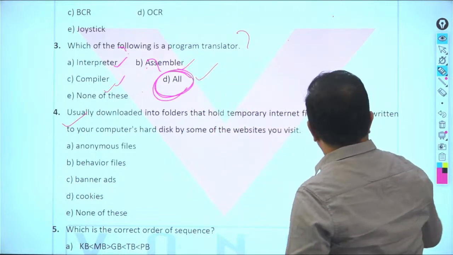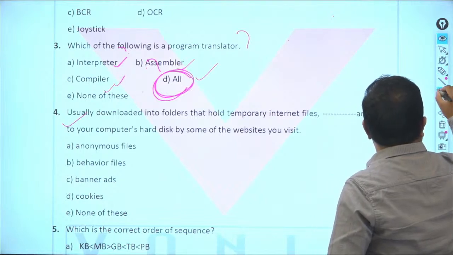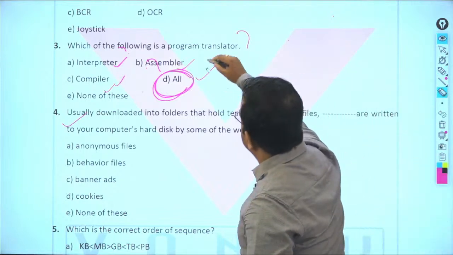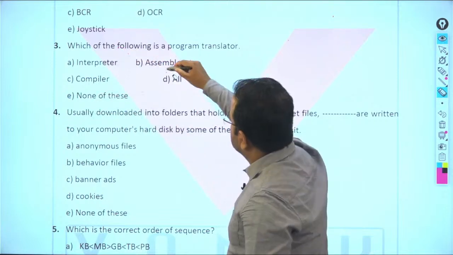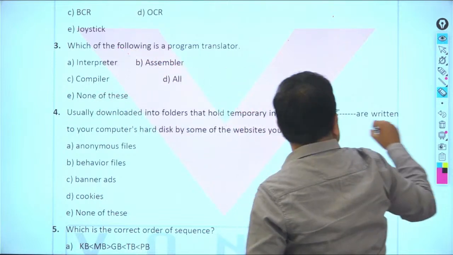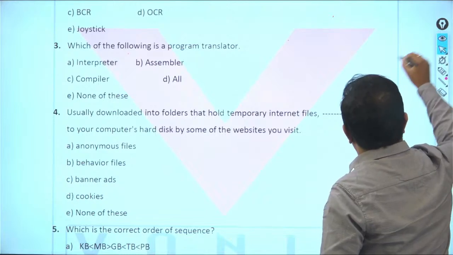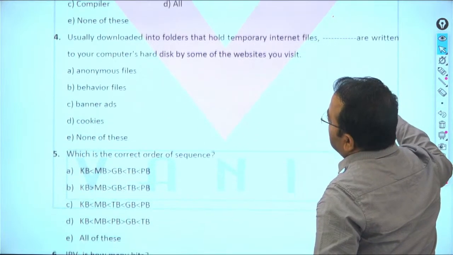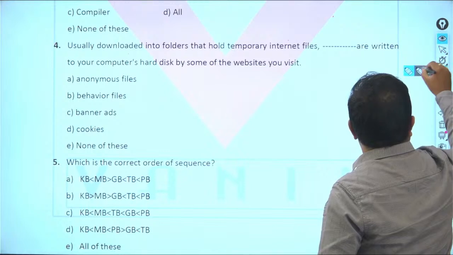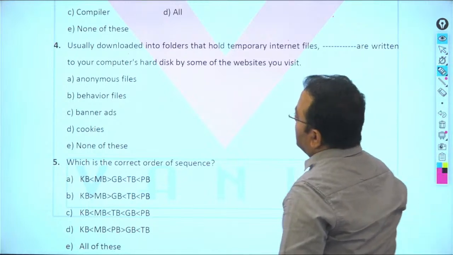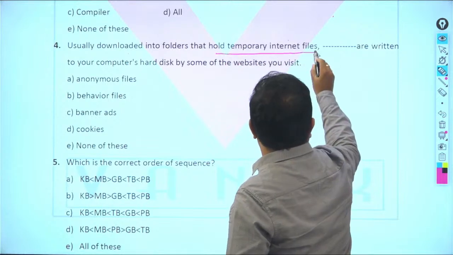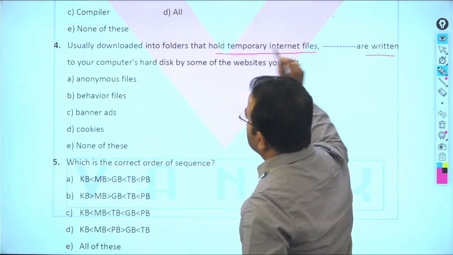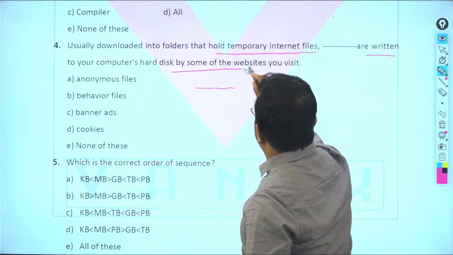Then goes to question number 4. So question number 4: the temporary internet files, usually downloaded into a folder, are written to your computer hard disk by some of the websites you visit.